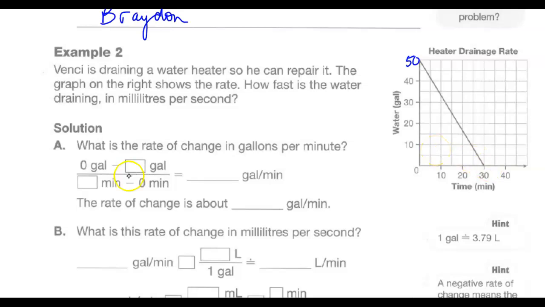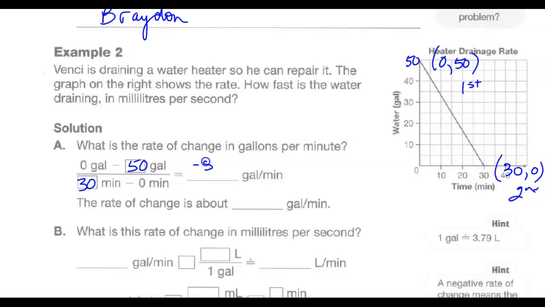So for the rate of change, basically my point here is (0, 50), my point here is (30, 0). So we'll use this as our second point, this is our first. So 0 for y minus 50 for y1, and then 30 minutes minus 0.